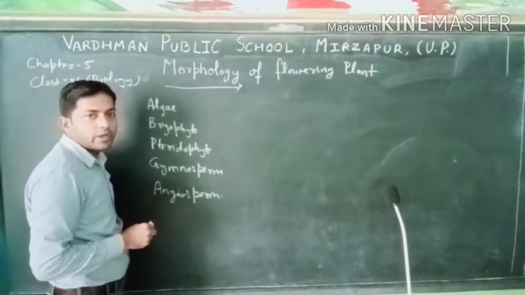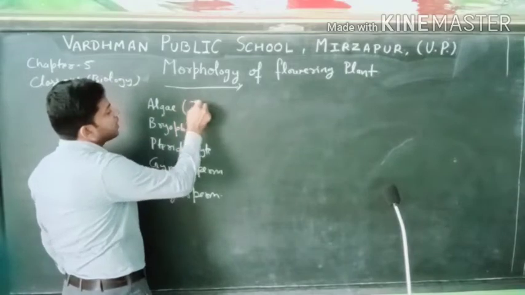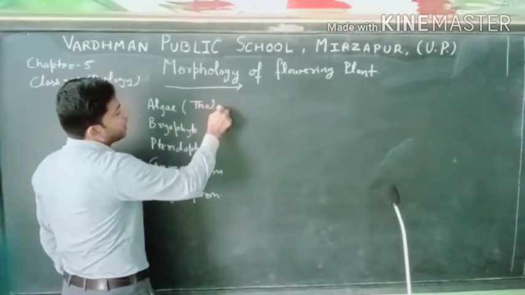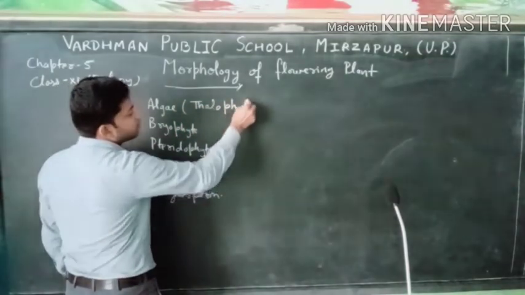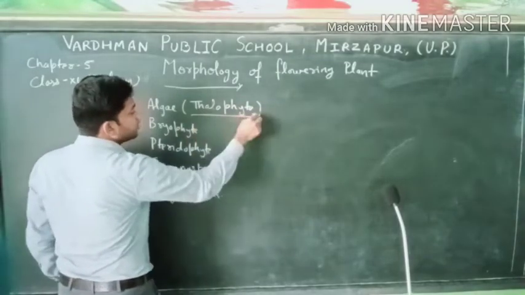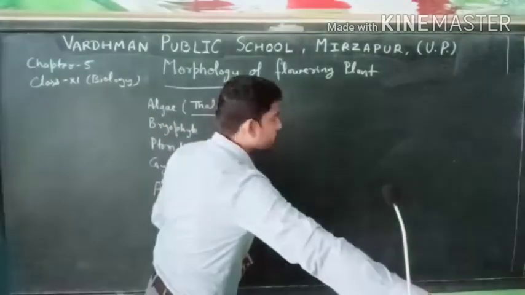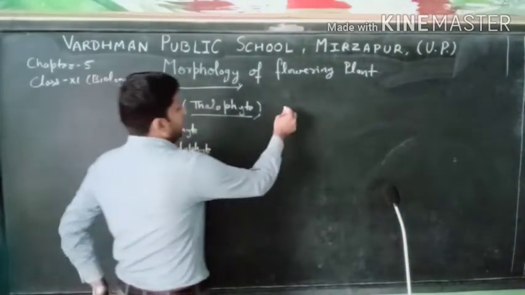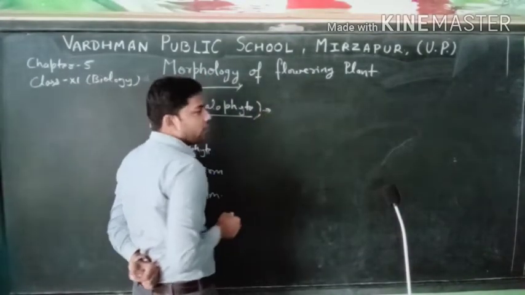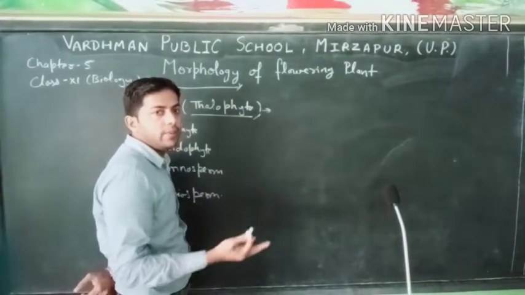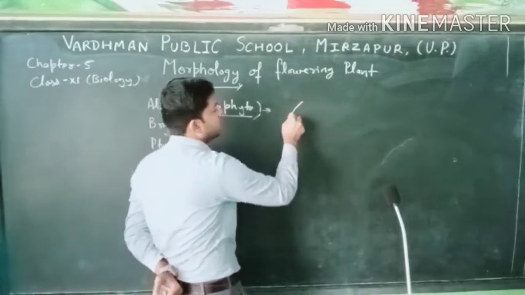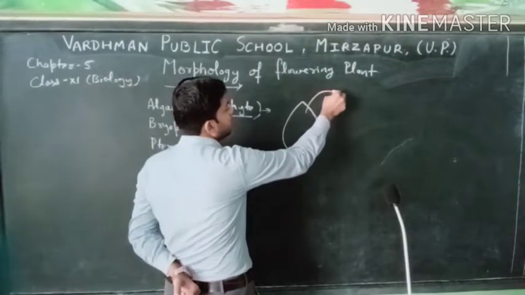If we talk about algae, algae are considered as Thallophyta. Thallophyta means thallus-like plant body. First of all we discuss some examples, such as Chlamydomonas.